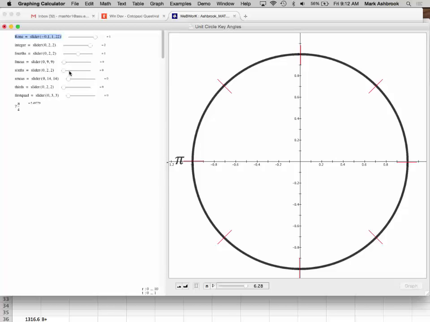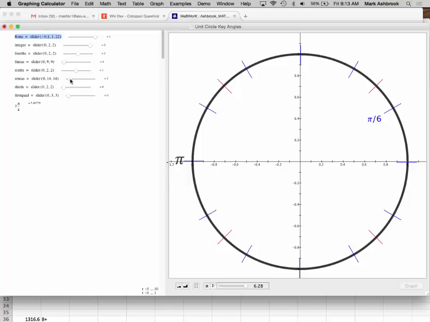With sixths. So now I'm going to break up the top of the circle into 6 equal measures of openness. So the first angle, this angle right here, would be pi over 6. And just like before, we're going to march around the circle, and you don't have to memorize. All you have to do is count.